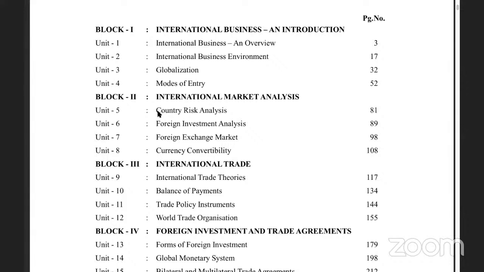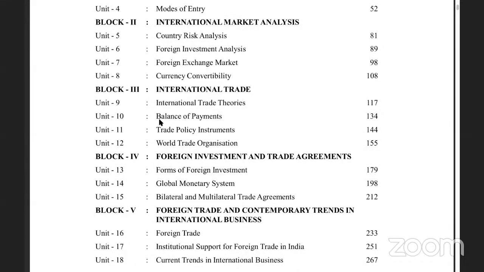We were held up at Heckscher-Ohlin theory, if I'm not wrong. Then balance of payment. Now we'll continue with the balance of payment, and today we will close with the World Trade Organization.